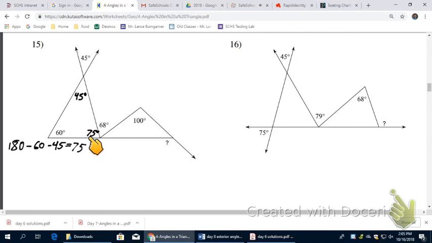Now what I would do is consider these three angles together, which form a line, which is 180 degrees. And I will subtract away 75 and 68 from 180 to get this interior angle. So 180 degrees for the line, subtract 68, subtract 75.